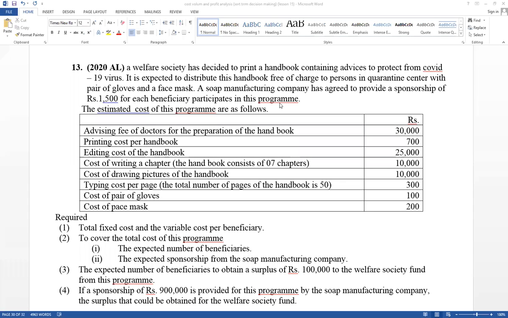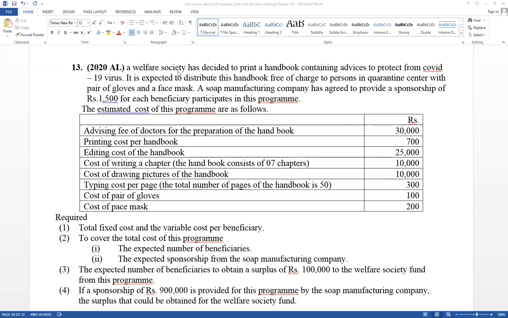participating in the program. Think about a quarantine center. The people there are given a handbook, a pair of gloves and face masks. Those vary with the number of participants. It has been given that the soft manufacturing company has agreed to provide sponsorship of 1,500 per beneficiary participating in the program. Think about this is a welfare society.